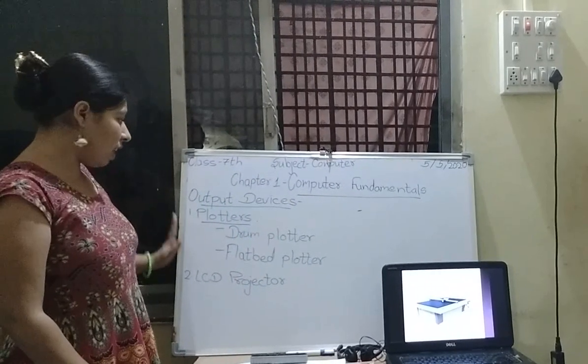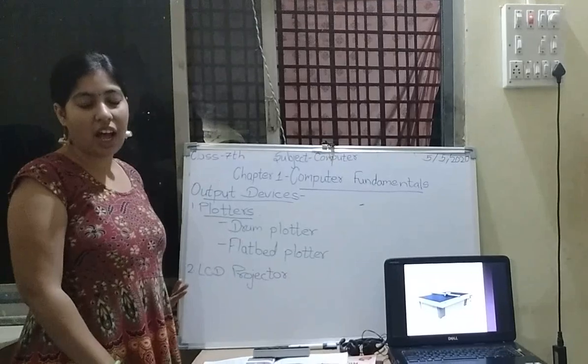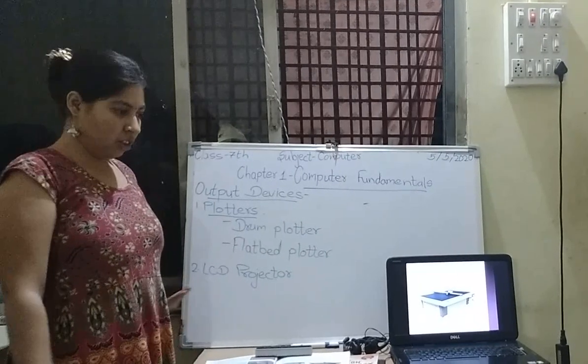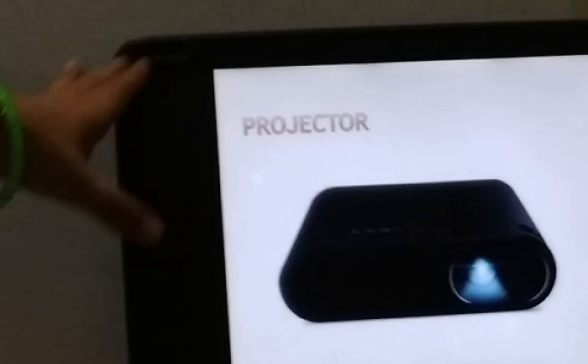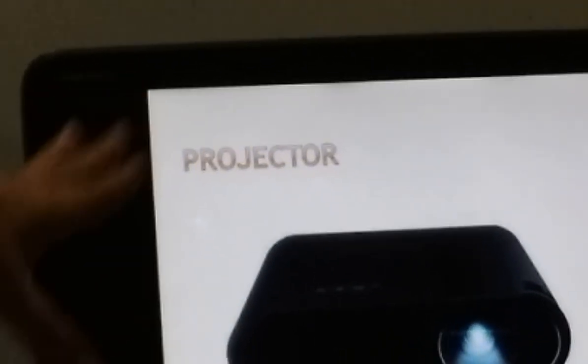Now our next output device is the LCD projector. So here in the image you can see the LCD projector. It is a little bit the same as the projector that we use in our school when I teach you. When I use the projector, the things are reflected on the wall.